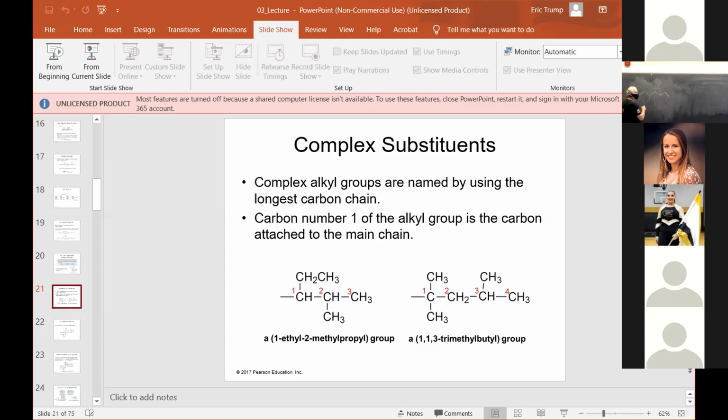So the parent compound here is 1, 2, 3, 4, 5, 6, 7, so that would be heptane. And okay, what's this on number 3? What group is that? Ethyl. Okay, so 3-ethyl.